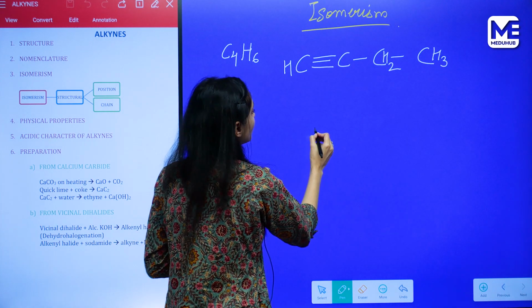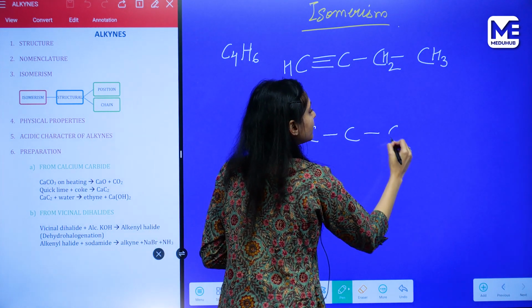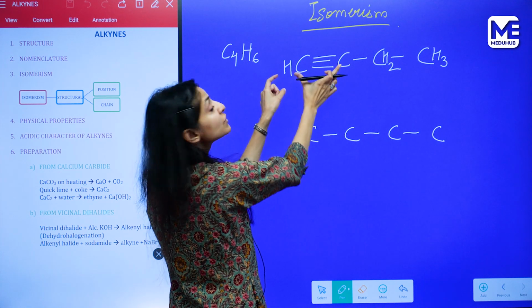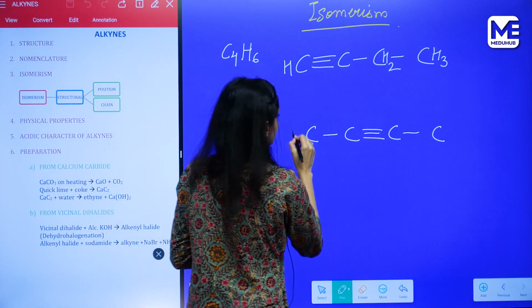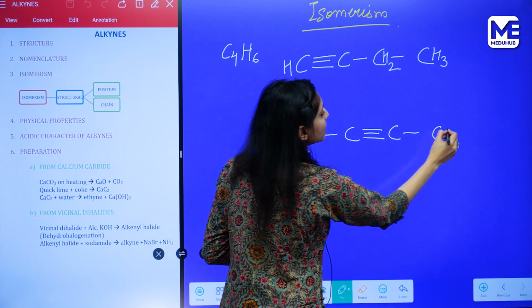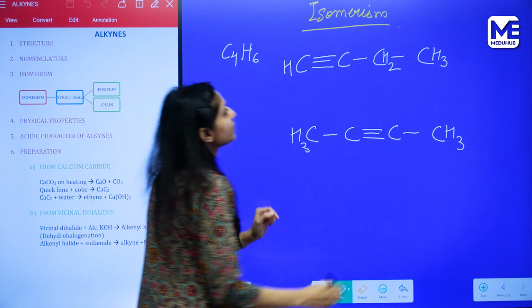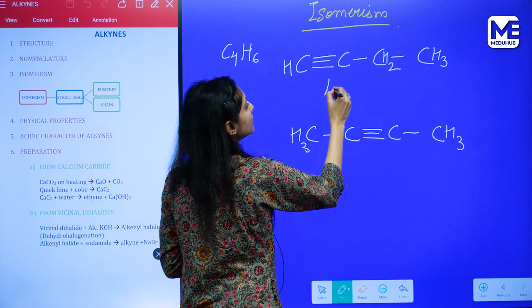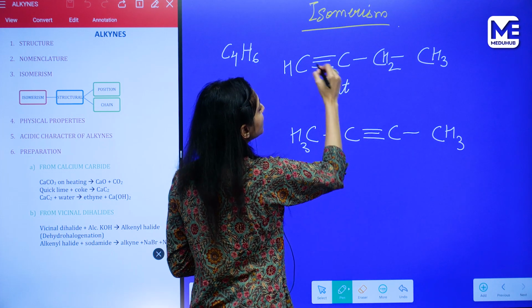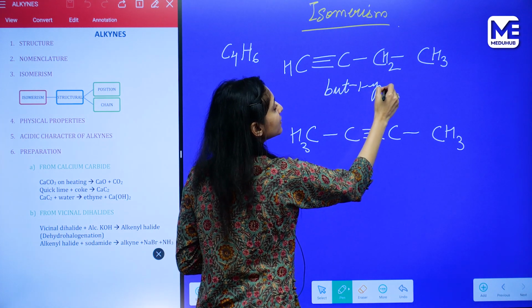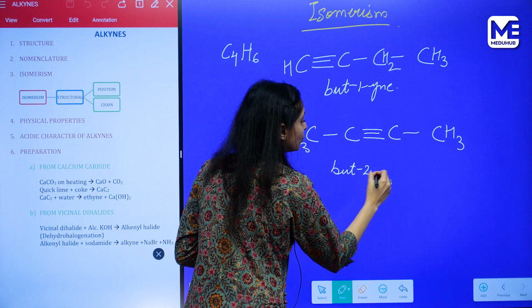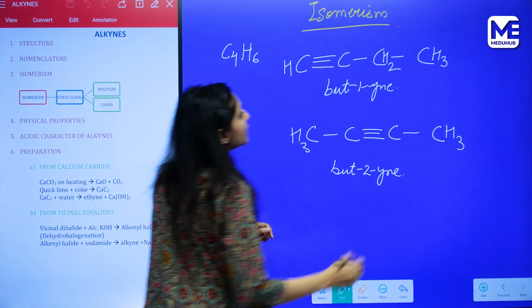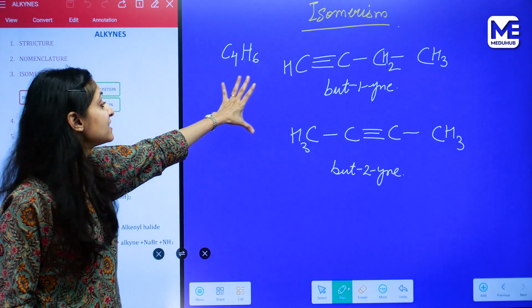Or we can draw another structure. 4 carbons. The triple bond is not between the first and the second carbon. The triple bond is here, CH3-C≡C-CH3. This is called but-1-yne and this one is called but-2-yne.